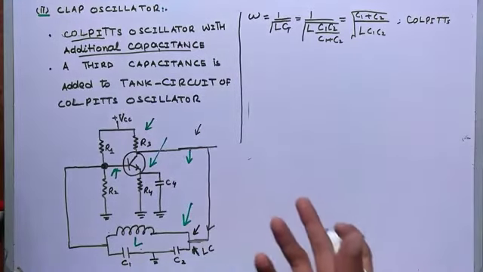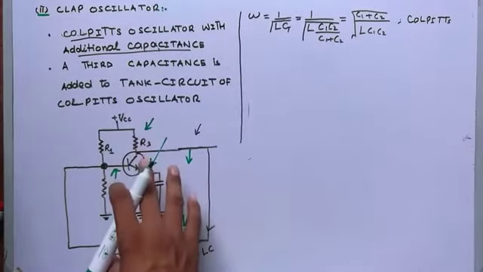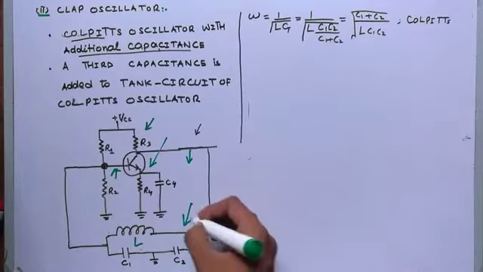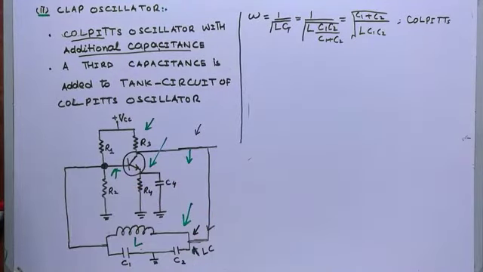Omega may vary due to the parallel combination of the capacitances present in the feedback network and the capacitances present in the amplifier network. So to remove this effect, we will add a third capacitance.